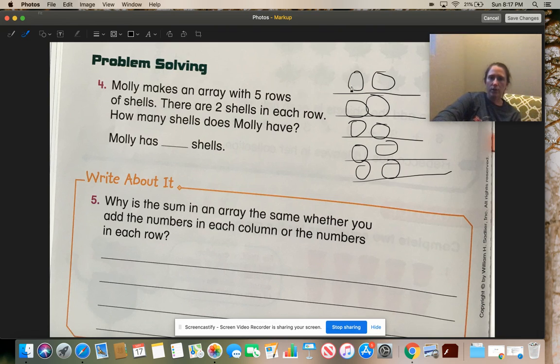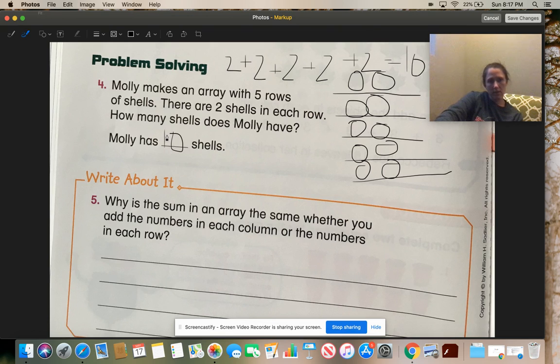Okay, so we have 5 rows and 2 shells in each row. So that would be 2 plus 2 plus 2 plus 2 plus 2 equals 2, 4, 6, 8, 10. So 10 shells.